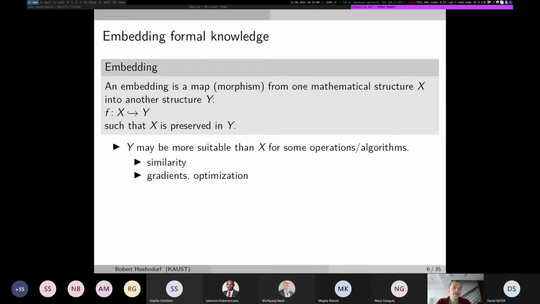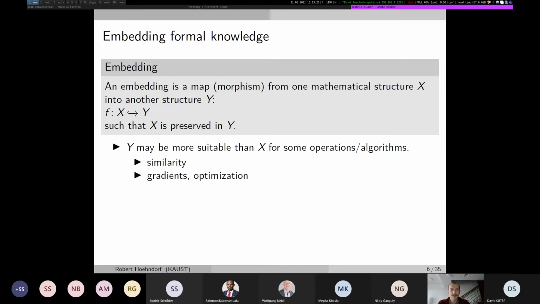And the aim of having an embedding is to preserve the properties of the first structure in a second, but the second structure may be more useful for some operations. In particular, we may have some natural ways to determine similarity in the second structure, or we can use gradient-based optimization in the second structure.